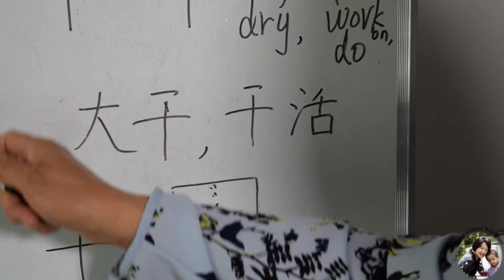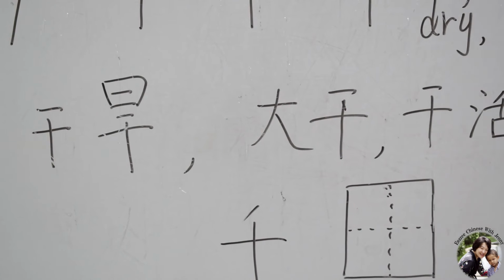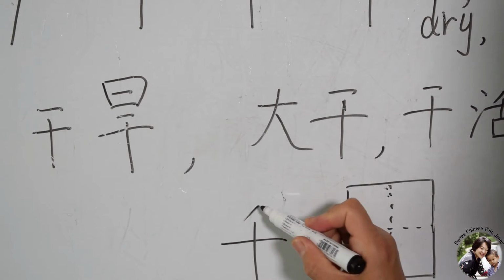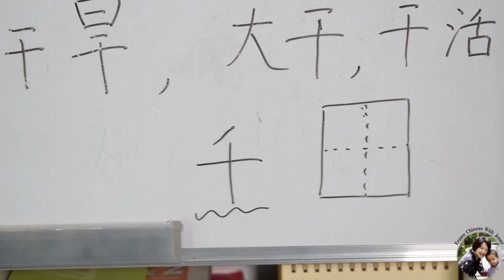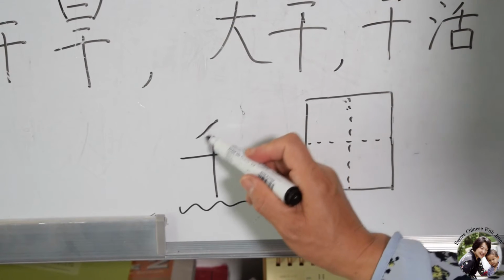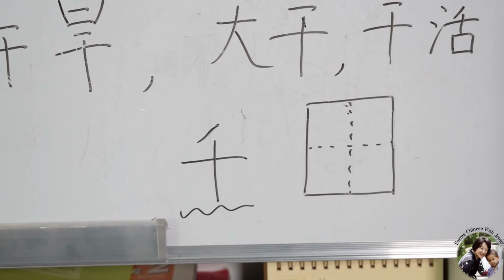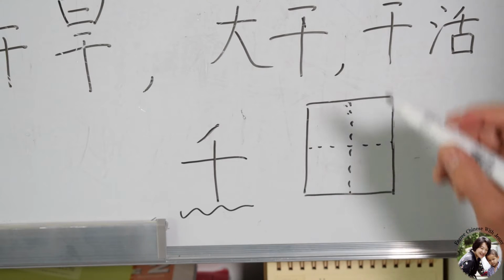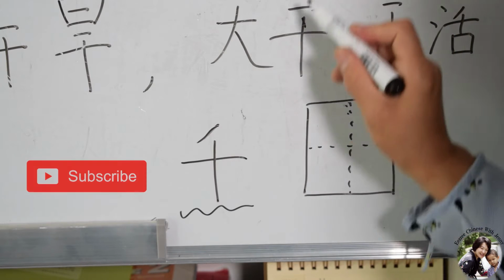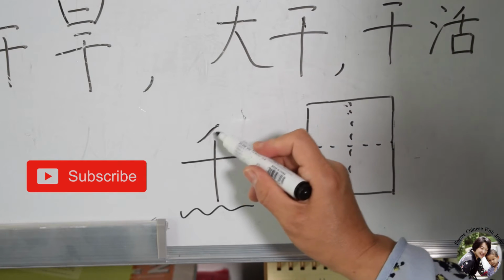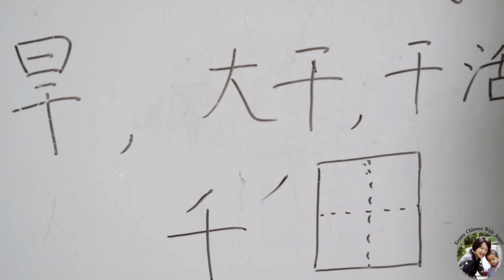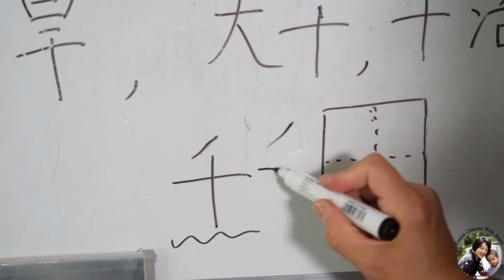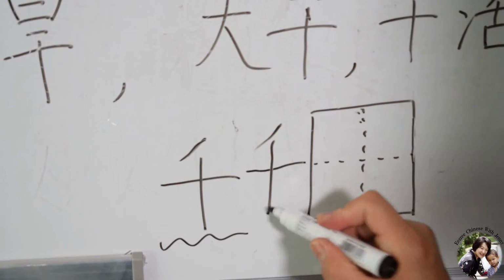I will teach you this character later. If you remember the character I taught you previously, this one means thousand, right? I just want to tell you the difference. Thousand, 千, the first stroke is a piě, then héng, shù.